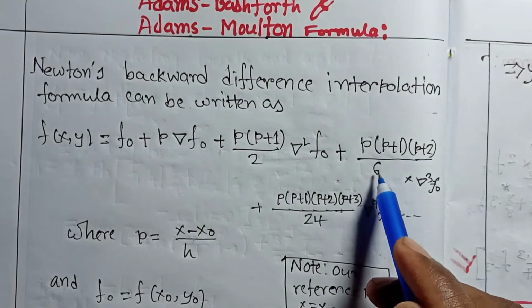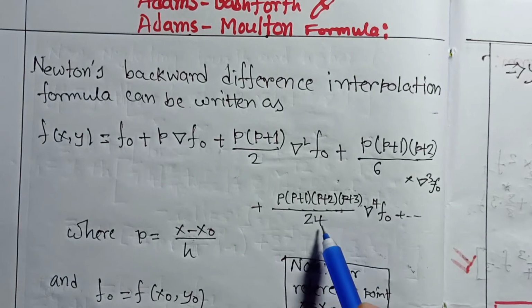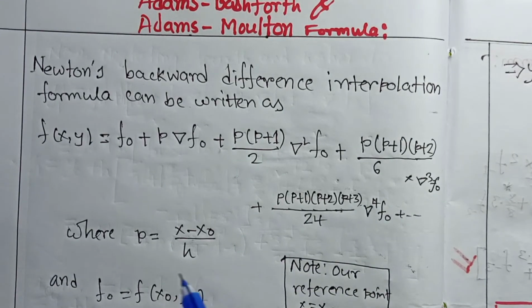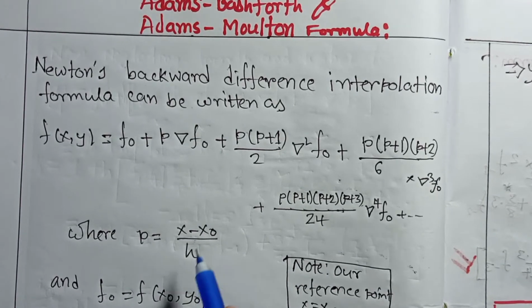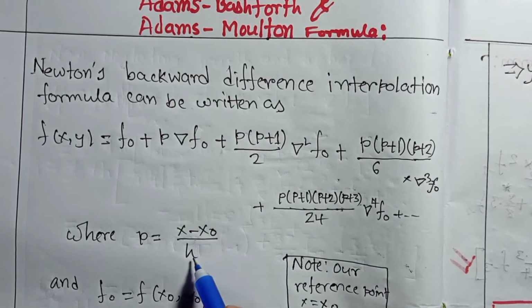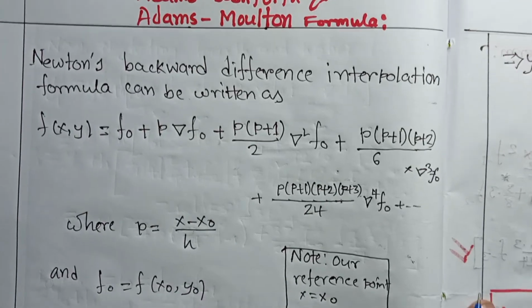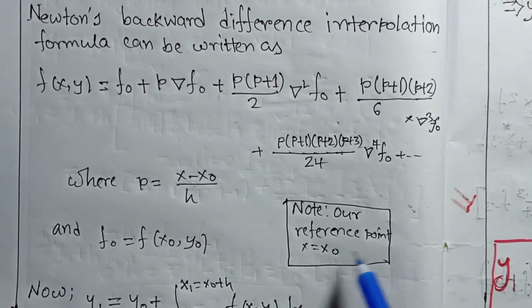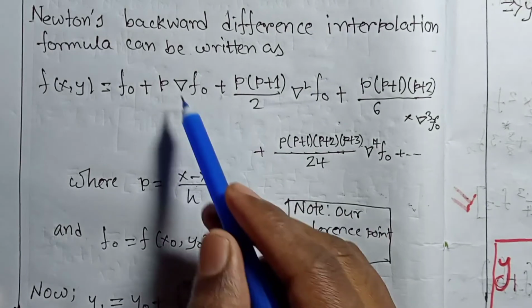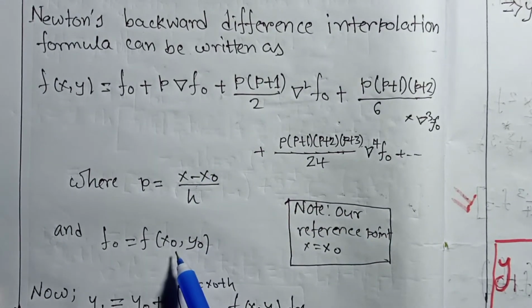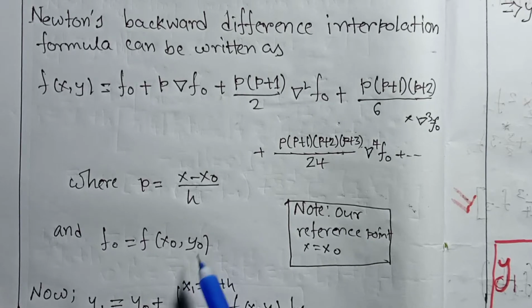Here 3 factorial equals 6 and 4 factorial equals 24. So our p equals (x minus x0)/h. Note, our reference point is x equals x0 and f0 equals f(x0, y0).